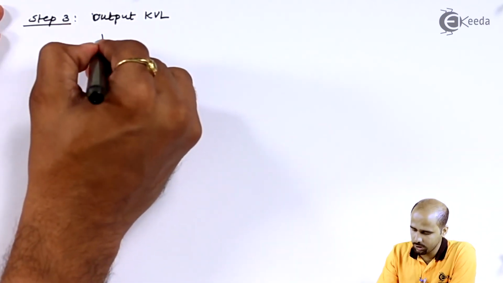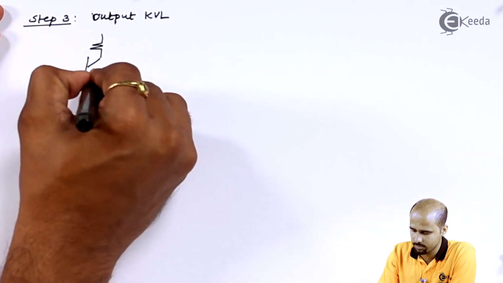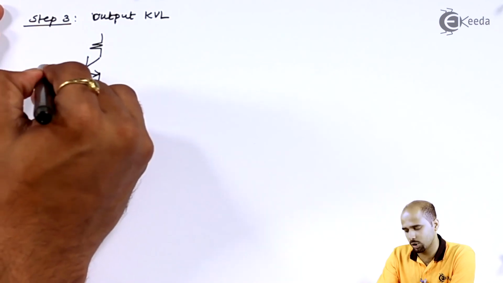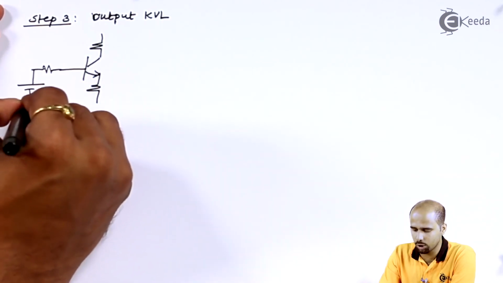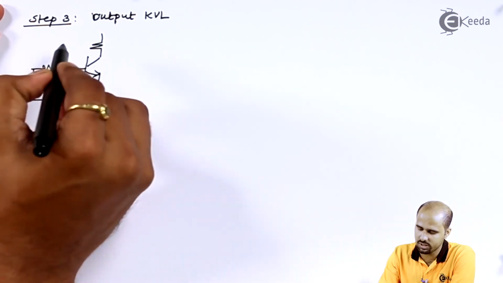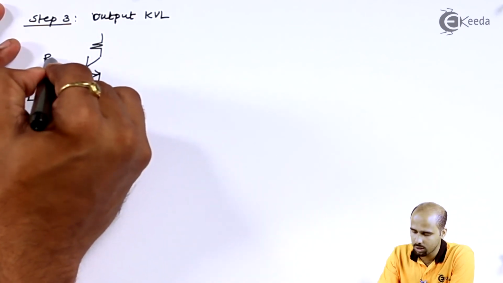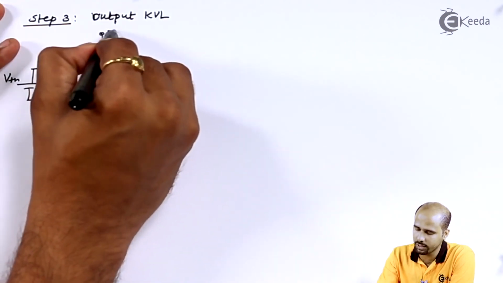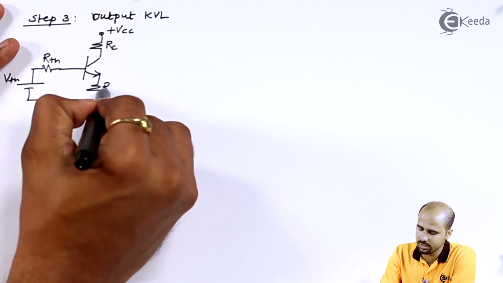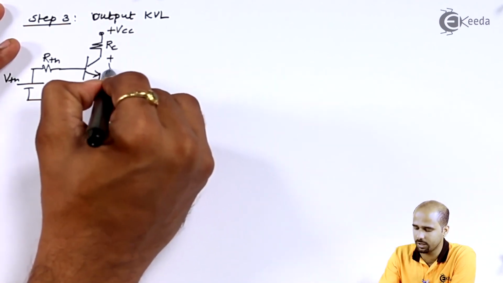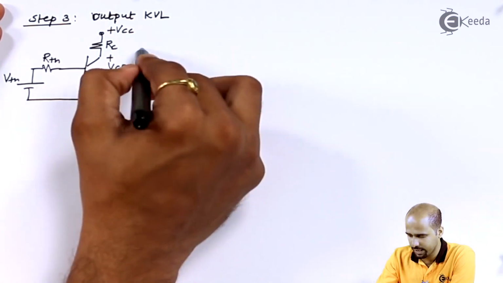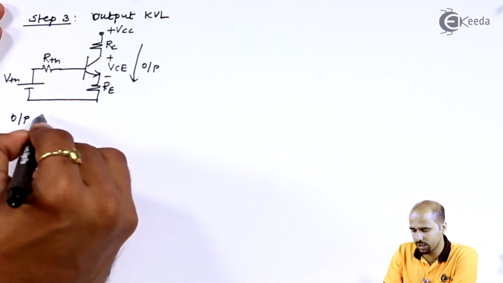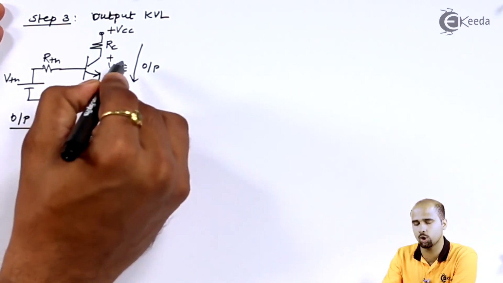Here my circuit is, now we don't have to deal with the input, already we have found the value of IC and the value of IB. All the values of RTH and VTH we got, and now we are tending towards the last part of the DC analysis, that is finding the value of VCE. We'll go directly for the output KVL, which will give me the value of VCE.